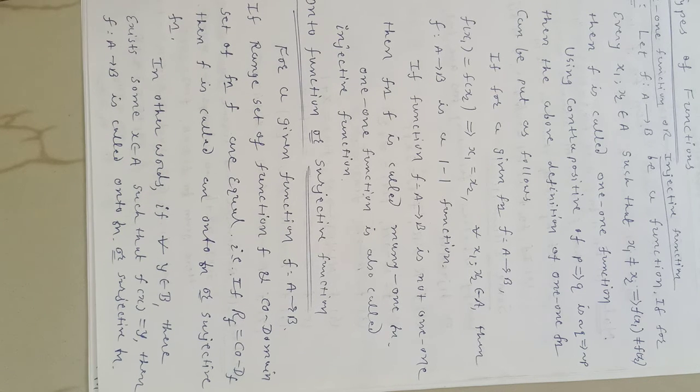Means for a function to be onto, range set and codomain set should be equal. If they are not equal, we say it is not an onto function. Sometimes at that time we call it into function. But at present, remember, range f and codomain f equal, only then we say f is onto.